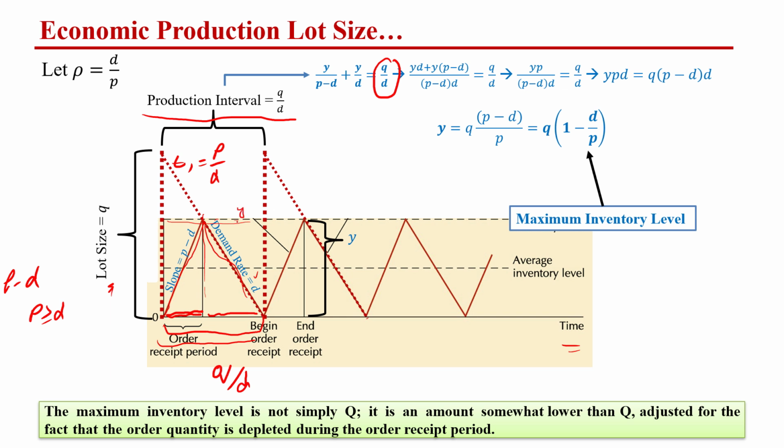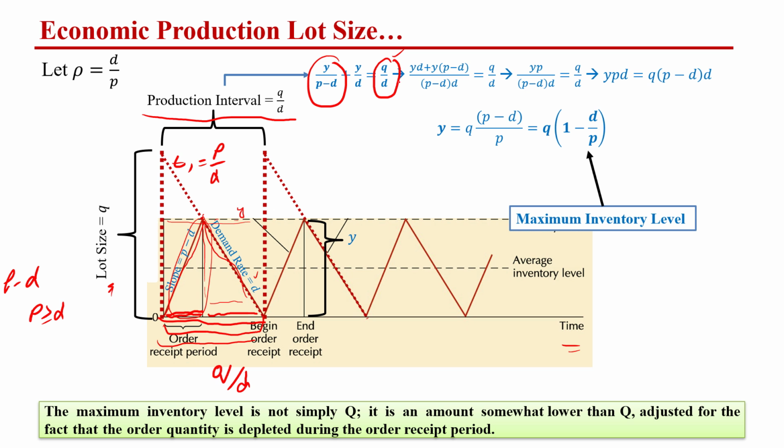Then this particular time would be y over p minus d, which is the time interval in which we are piling up the inventory, plus y over d, which is the time in which we are consuming. This must be equal to Q by D, the overall order cycle time.